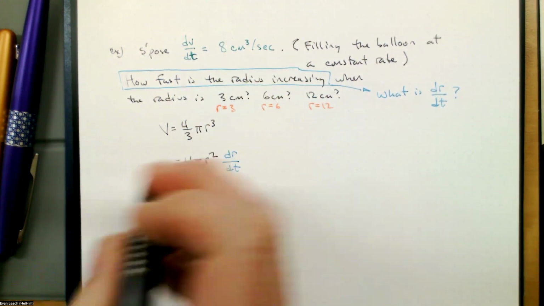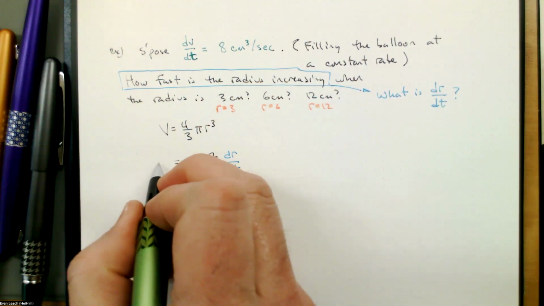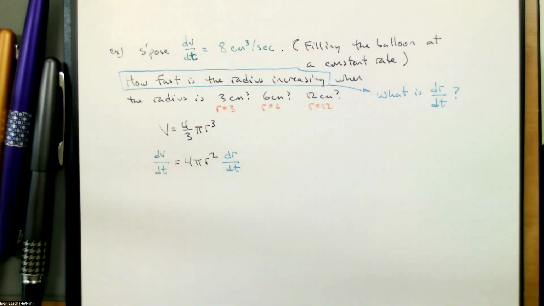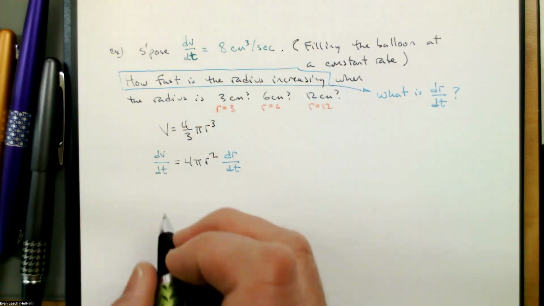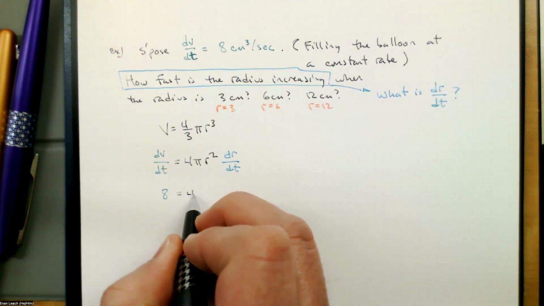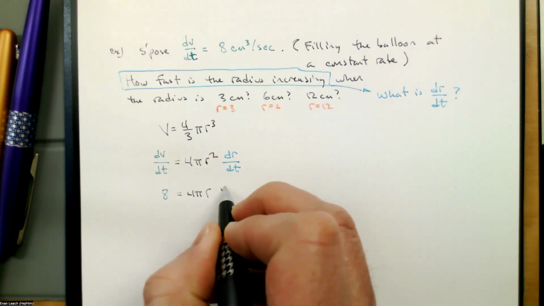So here is how we get at the relationship between the two rates: dV/dt is related to dr/dt by multiplication by dV/dr. The dV/dt, that's our constant rate of 8 cubic centimeters per second. Four pi and the r squared.